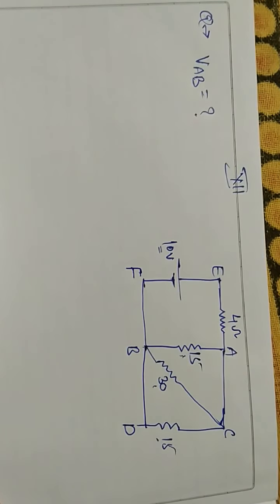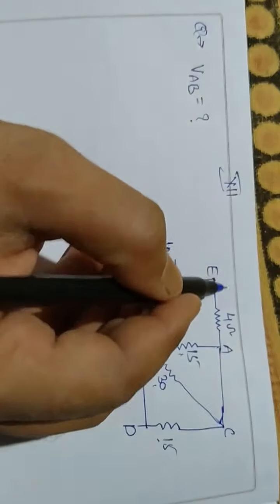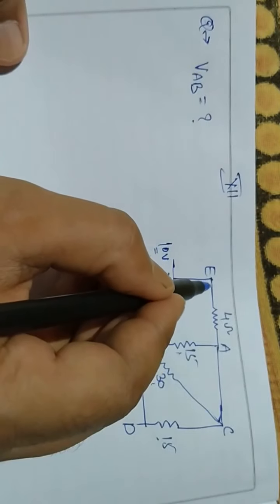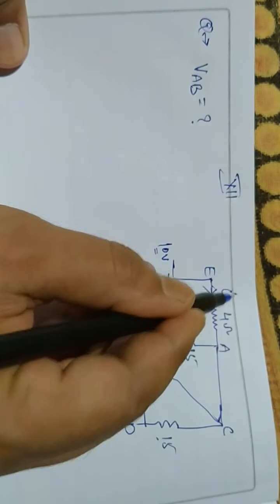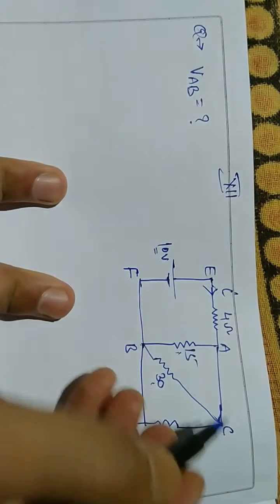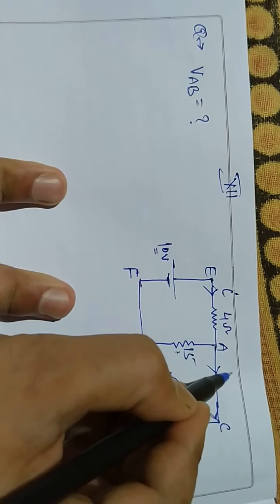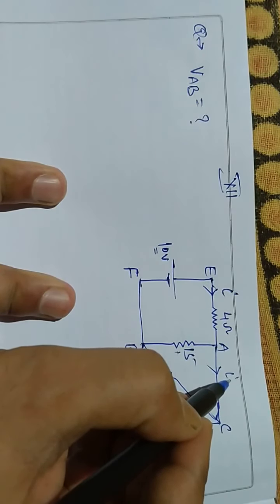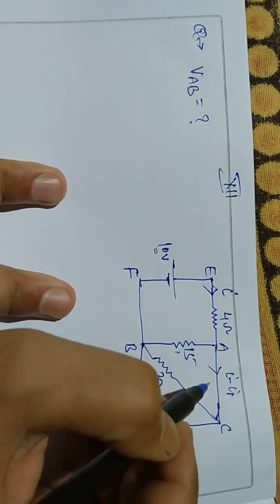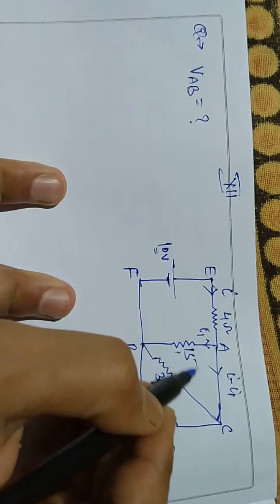So students, first we have to find out the net resistance and current in this circuit. Let us consider the current in this circuit is I. So it will break here. Suppose at this point it is I minus I1, so here it is I1.